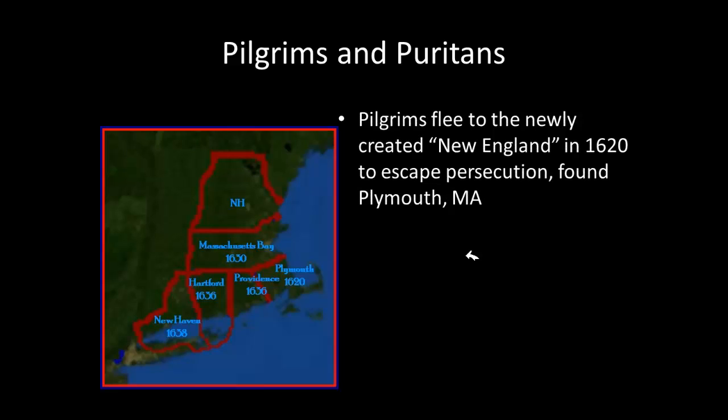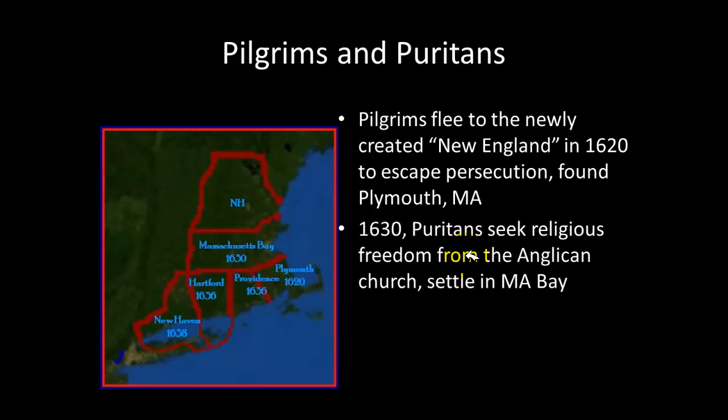We all know that the Pilgrims fled to New England. They wanted to flee from England to create a New England in the New World in 1620, to escape the persecution. So they ended up landing in Plymouth, Massachusetts. Well, I'm sorry, the Puritans ended up in Massachusetts in 1630.